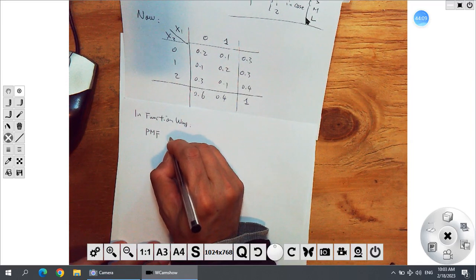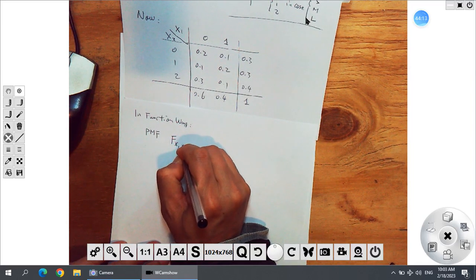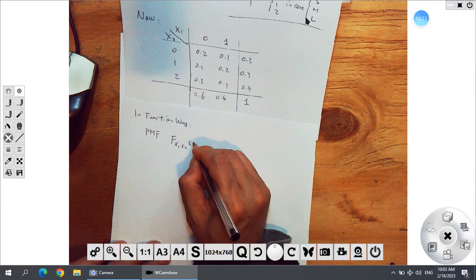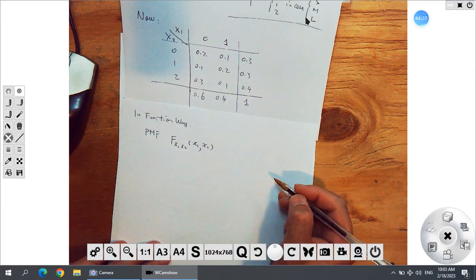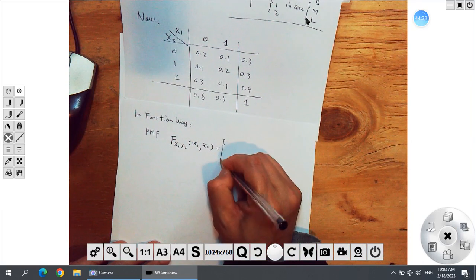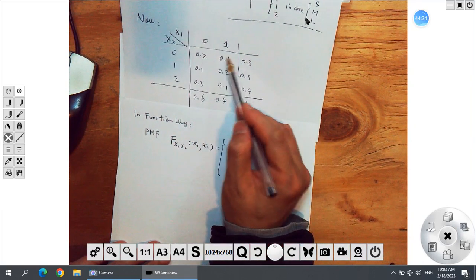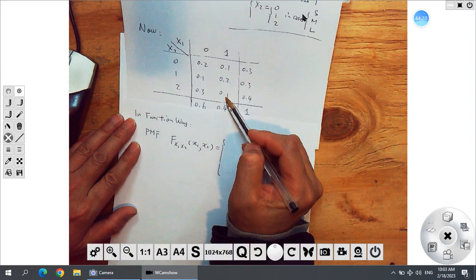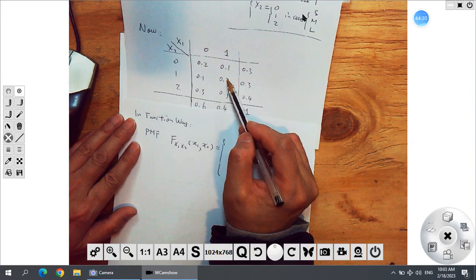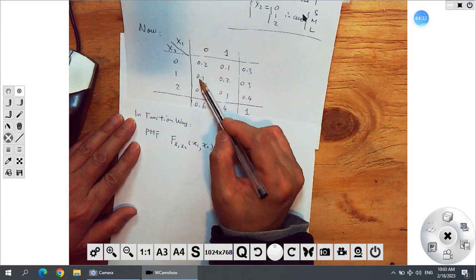So we have f of lowercase x1, lowercase x2. In this way, now we have 6 values. Some can merge, right? The 0.2s can merge together, and the 0.1s can merge.